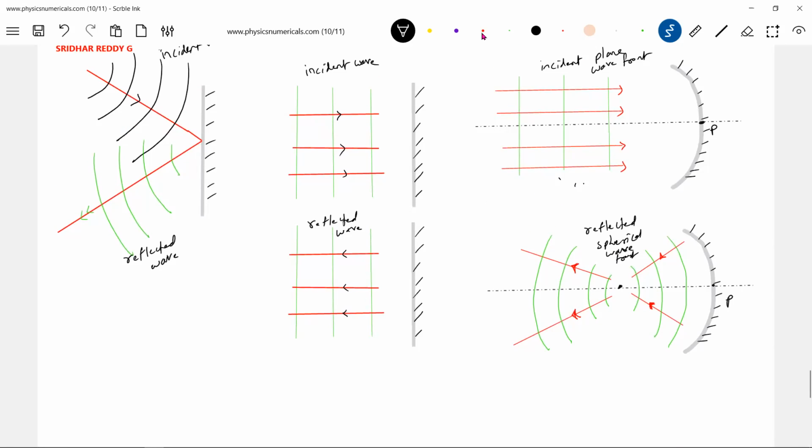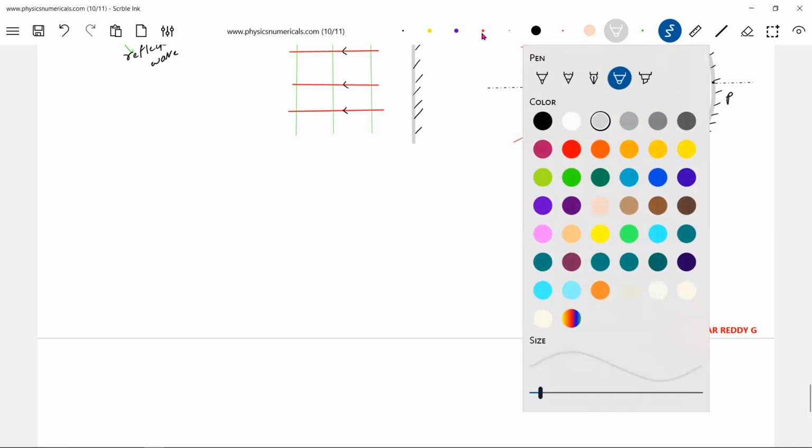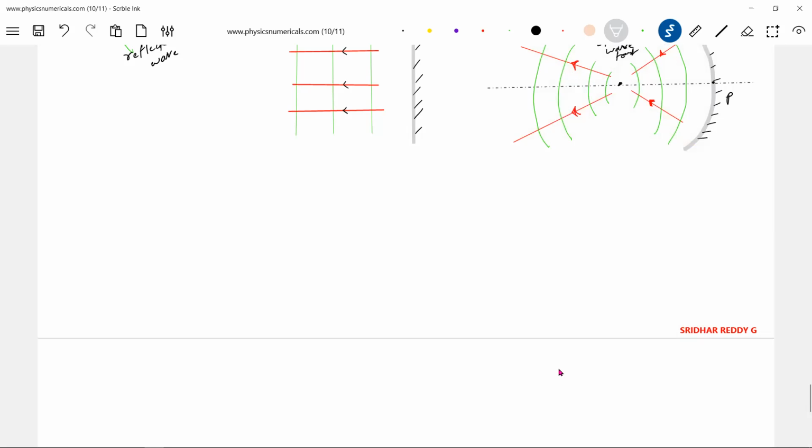Okay, that's for the concave mirror. Let's see what conditions will come for a convex mirror. A plane wavefront is incident.